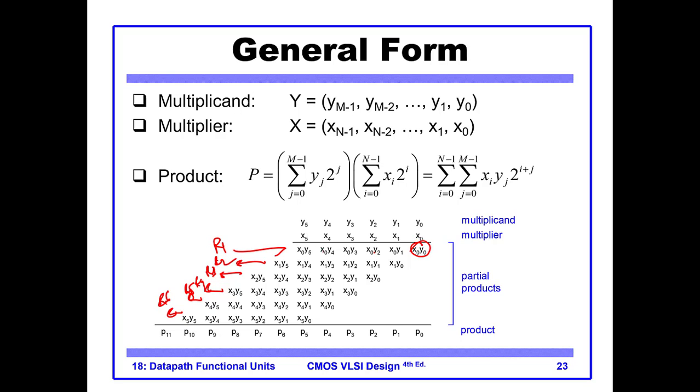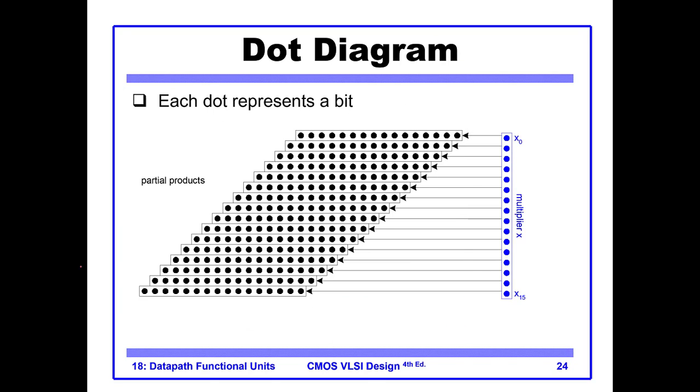So for example, we take these 3 rows and we convert them into 2. So this one we can drop directly because there is nothing to add. This one we can apply the carry save addition. This one we apply the carry save addition, and these three will be converted into 2. So often we represent these partial products with what is called dot.